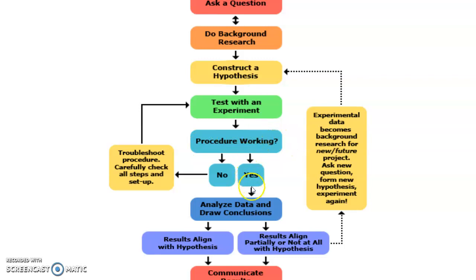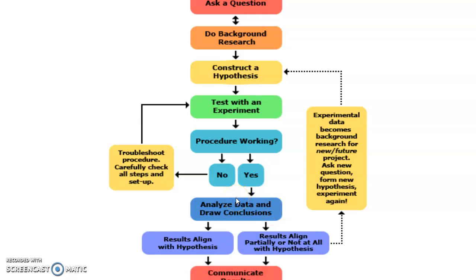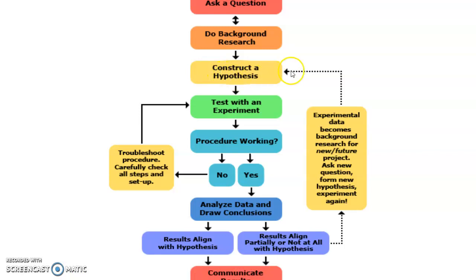If it's working, you would go ahead and analyze data and draw conclusions. If it aligns with your hypothesis, you would communicate the results with all of us. If it does not align with the hypothesis, you go all the way back up here and construct another hypothesis. You create a new educated guess that's testable or measurable.